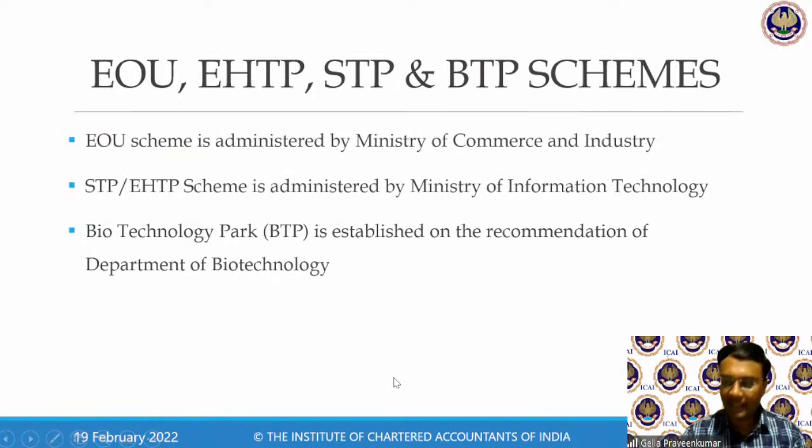EOU, electronic hardware technology park, software technology park, biotechnology park. Now, these are the various schemes over a period, like mushrooms. These schemes have evolved over a period of time.